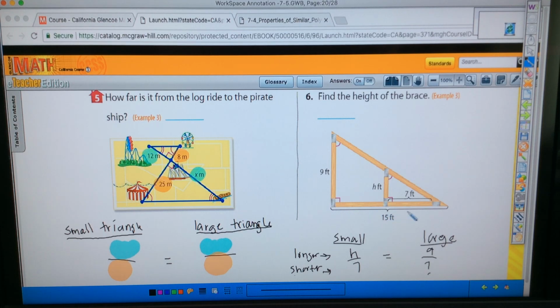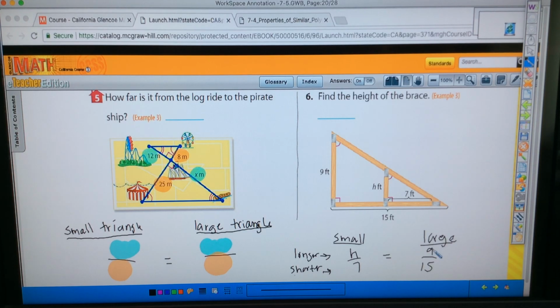From here all the way to here is 15. So in this case, you're not going to add up the 15 and the 7. They're flat out telling you this distance is 15 and this distance is 7. So in this case, you're not actually going to add. You're just going to say that this is the distance. 15 feet should be the distance. Okay.